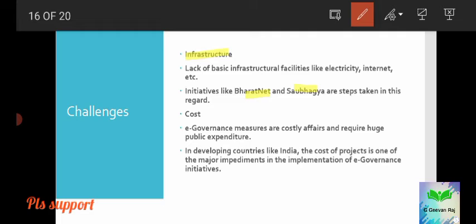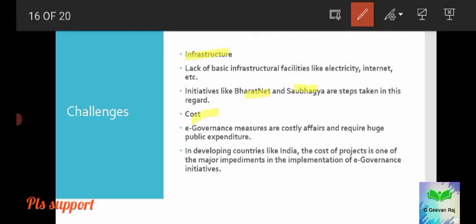Second challenge is the cost. So implementing e-governance will be a costly process in the beginning. E-governance measures are costly affairs and require huge public expenditure. So e-governance measures and the infrastructure require huge public expenditure, and that is also a major problem.